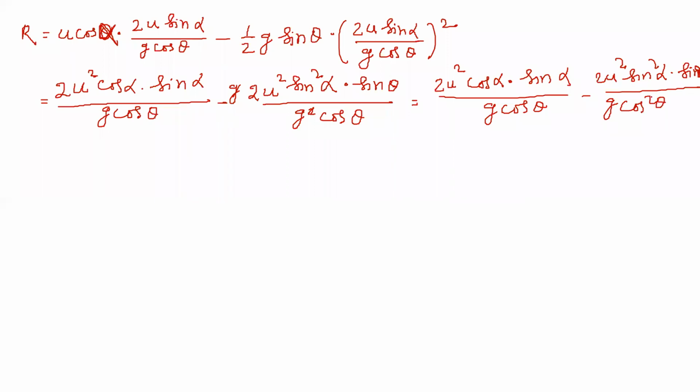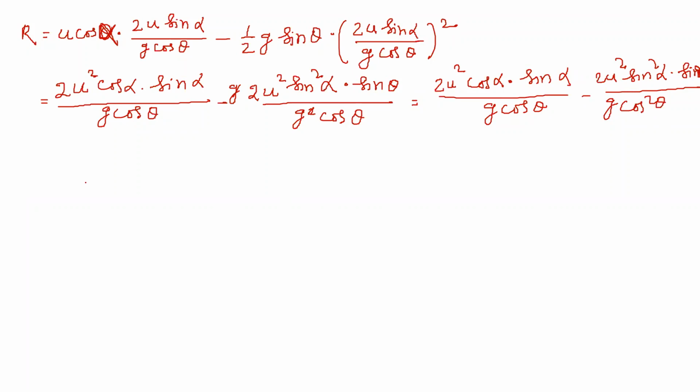I want to take U square and G cos square theta common. Here G cos square theta is not there, so what we have to do? We have to multiply a G cos theta here and divide a G cos theta here? Actually only cos theta needs to be multiplied and divided. Yes or no? So students, see next.